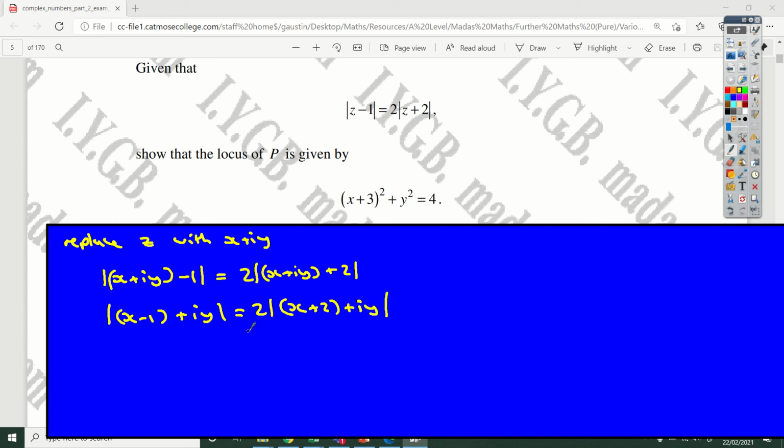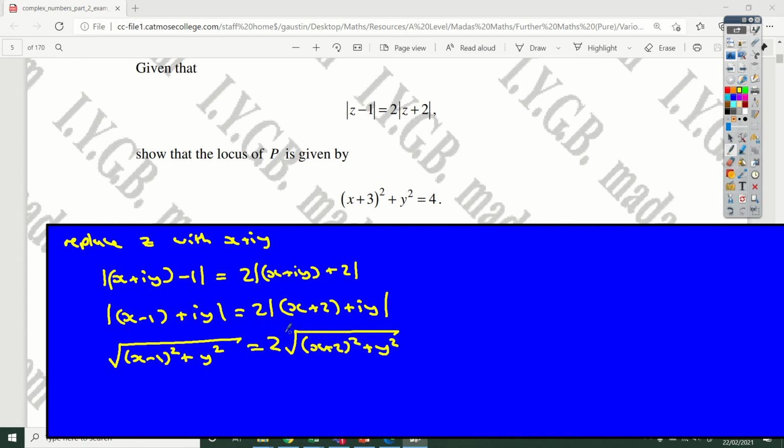Right, now I'm going to expand out, but I'm going to stick to using the square roots this time. So the square root of x minus 1 squared plus y squared equals, and then the 2 will still be there, and then this square root here, x plus 2 squared plus y squared.